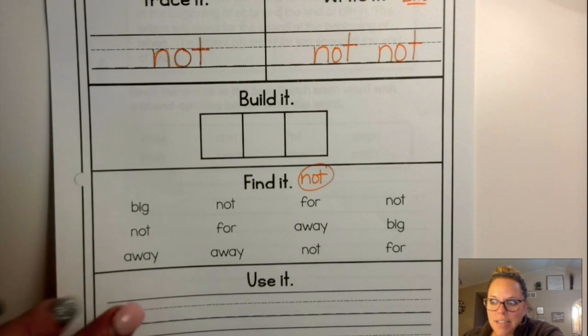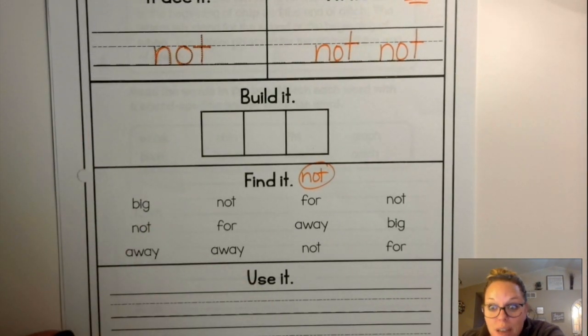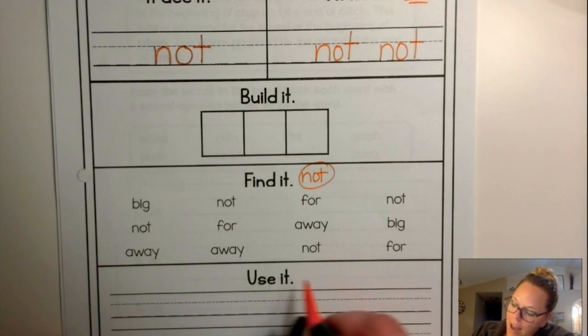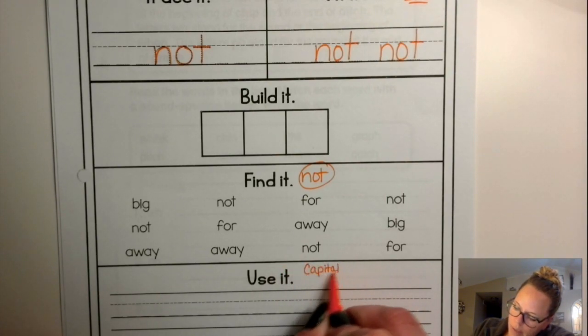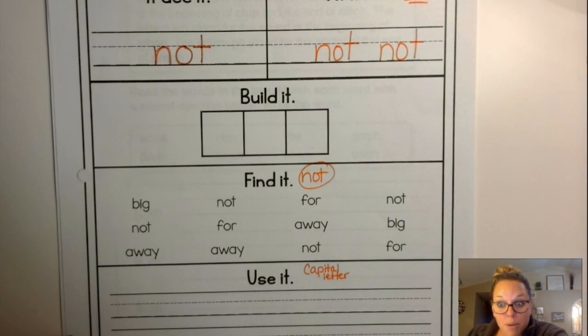It's very easy to use it. In fact, when I was talking about your name, I said do not forget to put your name on your paper, right? So however you decide to use the word not in a sentence, please make sure that you have a capital letter to start your sentence. And if you have any proper nouns, they need a capital letter also.